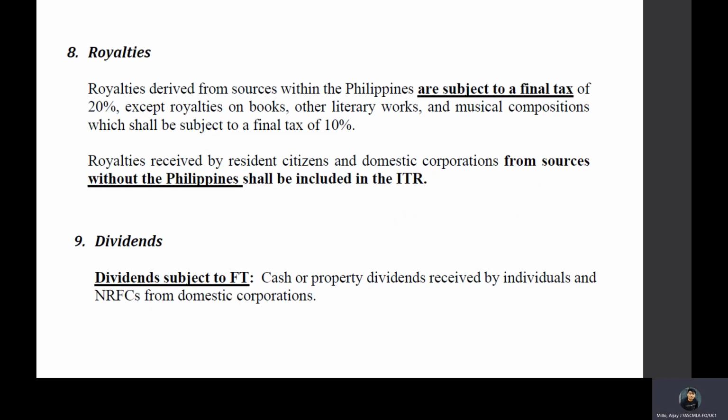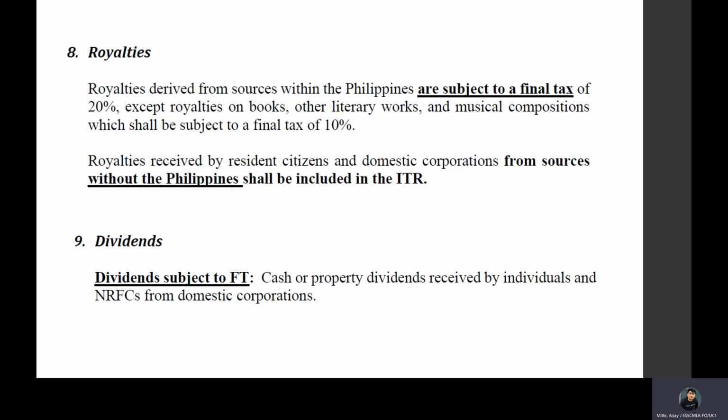Next slide, number 8, royalties. So I think na-cover na natin to before. So to reiterate, royalties derived from sources within the Philippines are subject to final tax of 20%. Except royalties on books, literary works, and musical composition, which shall be subject to final tax of 10%.